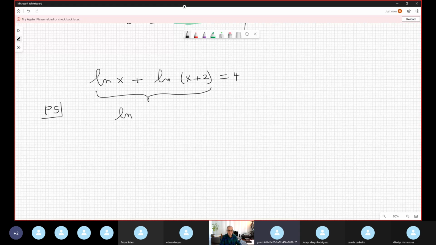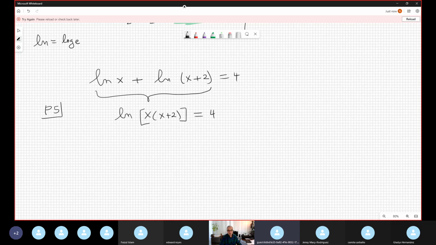Logarithm of multiplication x times x plus 2 inside the argument of the ln. The ln, remember, is a symbolic way to indicate ln is equivalent of log, but the base e. Equal 4.